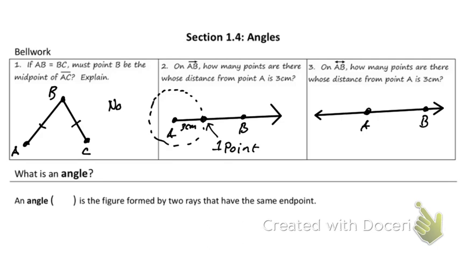And if I flip on the other side, this is 3 centimeters away. So we have either 3 centimeters this way or 3 centimeters that way, which would be our 2 points. Once again, on my answer key, I put a little circle saying there's no other place that's 3 centimeters away. Every place that's 3 centimeters away from A hits the line twice, so there are exactly 2 points. Once again, it's important that you know these 2 things. Those are big things.